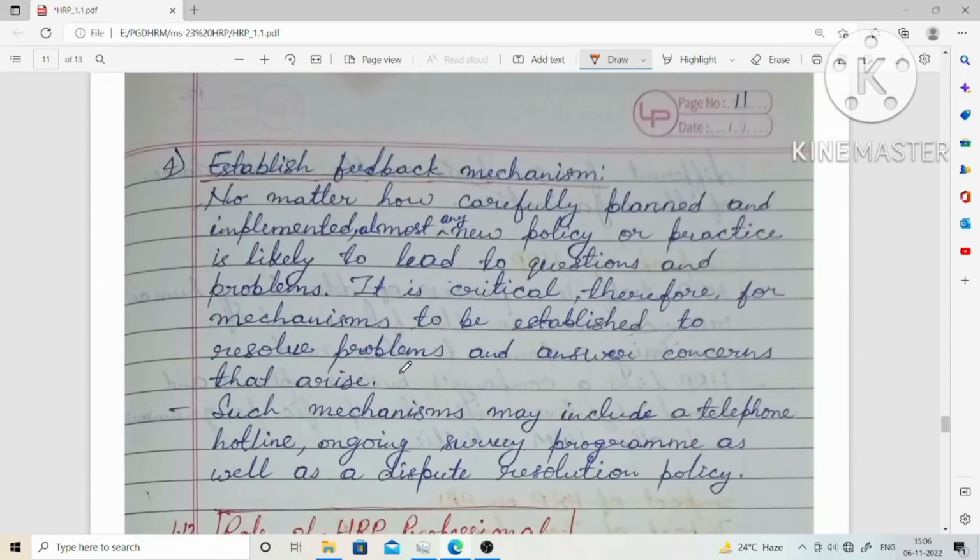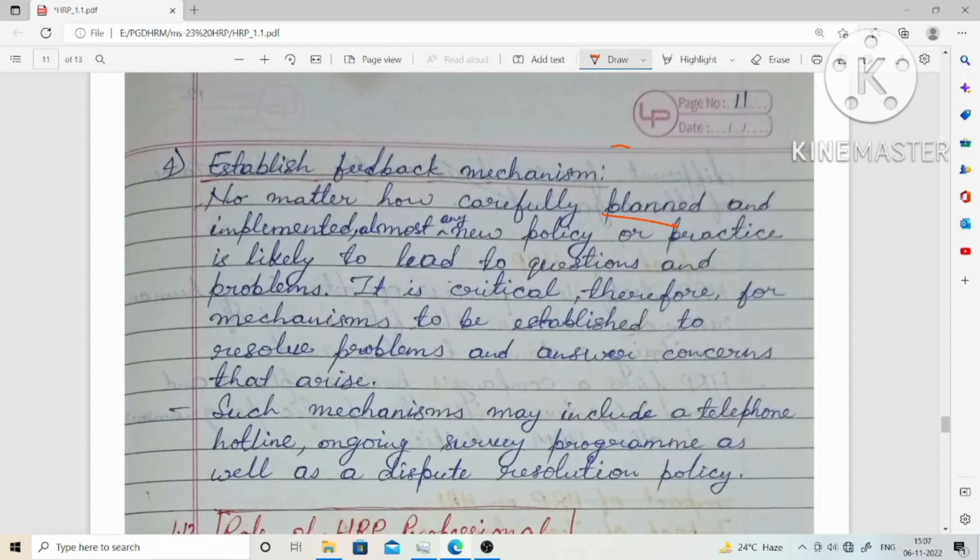The fourth thing in implementing human resource planning is establish feedback mechanism. No matter how carefully planned and implemented, almost any new policy or practice is likely to lead to questions and problems.